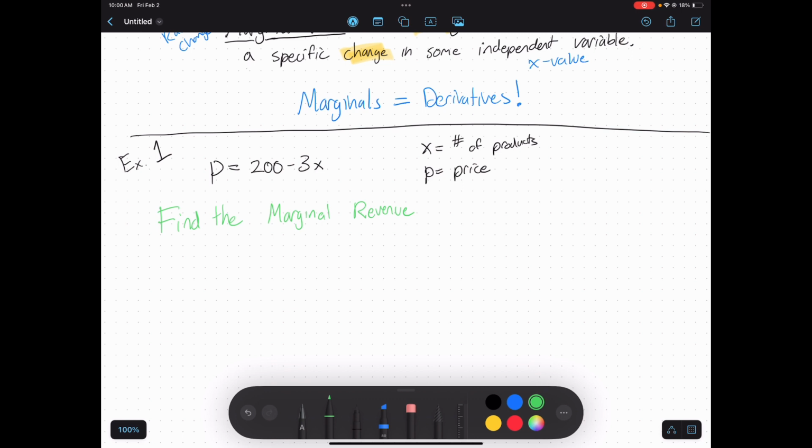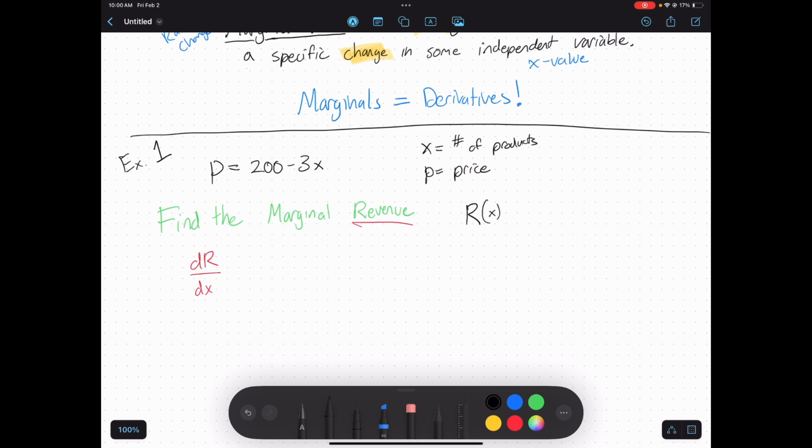Find the derivative of what? Of my revenue. So I want the derivative of my revenue in terms of x. Well, that means I need to come up with a revenue equation in terms of x.